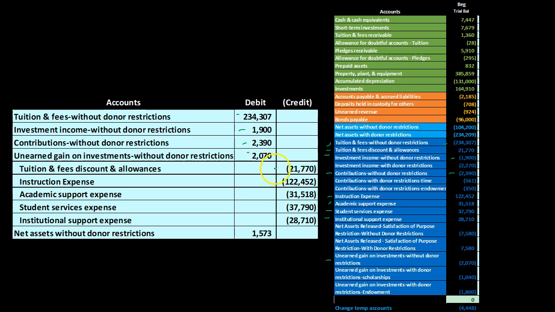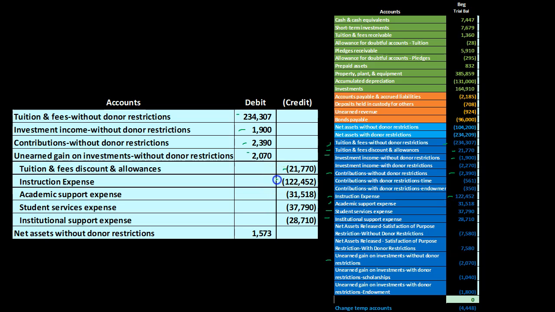Then we're going to take a look at the expense type of things, or first the contra sales. This is the tuition and fees discount. It's basically a contra revenue account. It has a debit balance similar to an expense. We need to make it go to zero, so we'll do the opposite thing to it and credit it. Then we have the instruction expense, which has a debit balance in it.